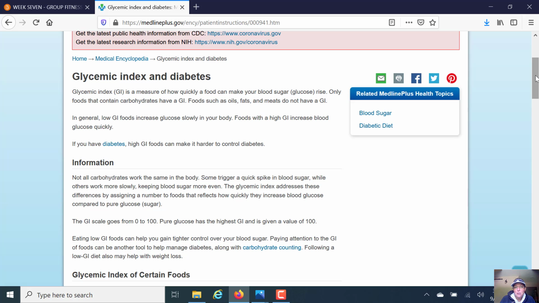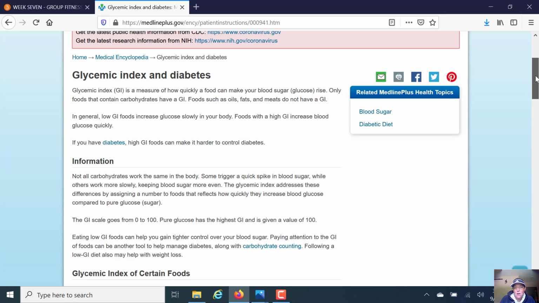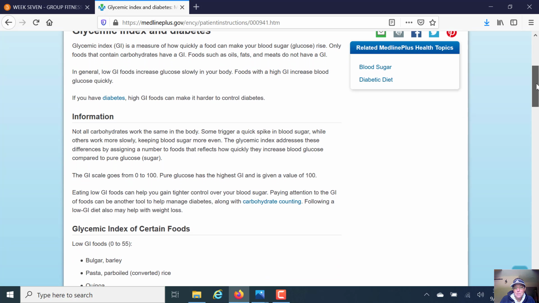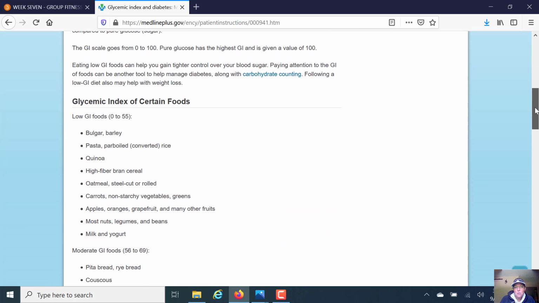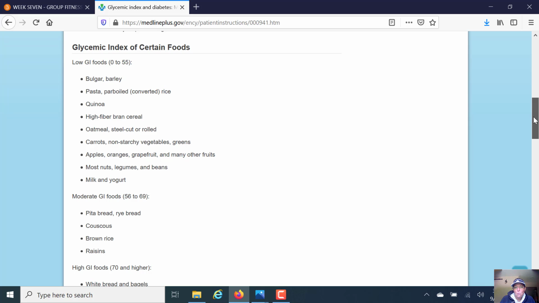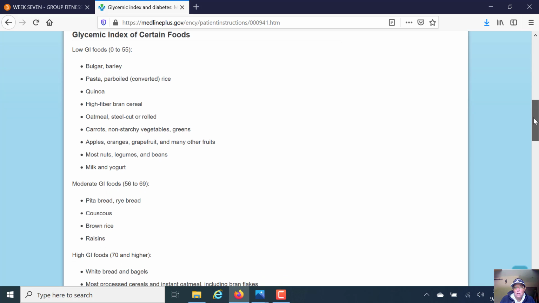So obviously a better choice, especially for people who are diabetic, is to choose foods on the low end of the glycemic index. Just so you know, the glycemic index ranges from 0 to 100. The low GI foods are in the 0 to 55 range, and those will elevate blood sugar levels at a very slow rate.